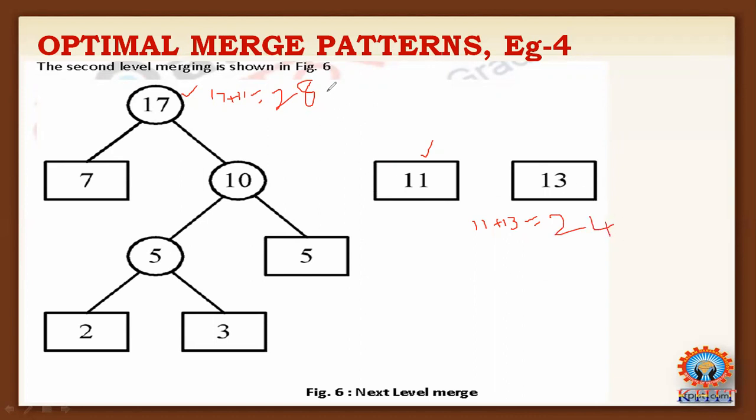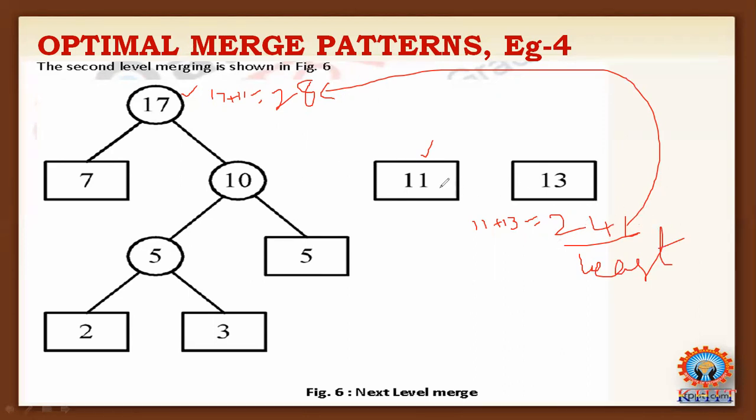Now compare these two. Compare 24 with 28. Which one is the smallest one? This is producing the least size. Now you simply consider merging of these two files. So you merge these two files initially, then only you will get the result 24 here.